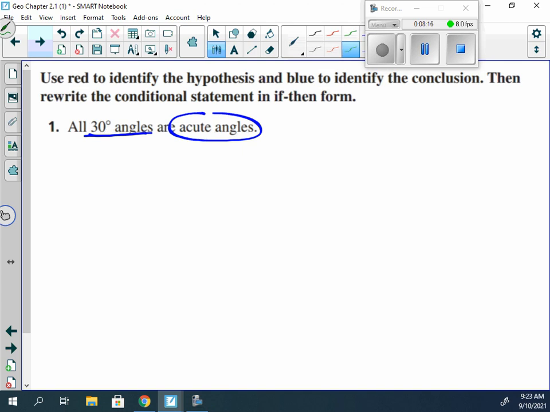So let's write it in if-then. If what? Yeah, so probably an angle is 30 degrees.